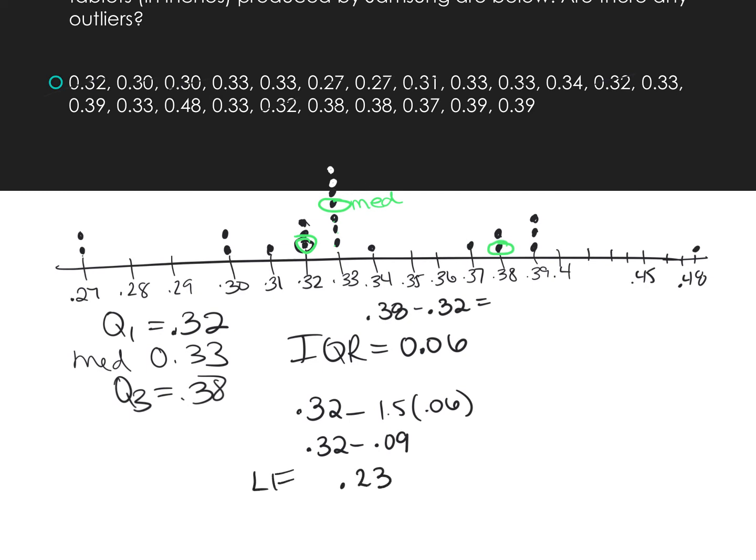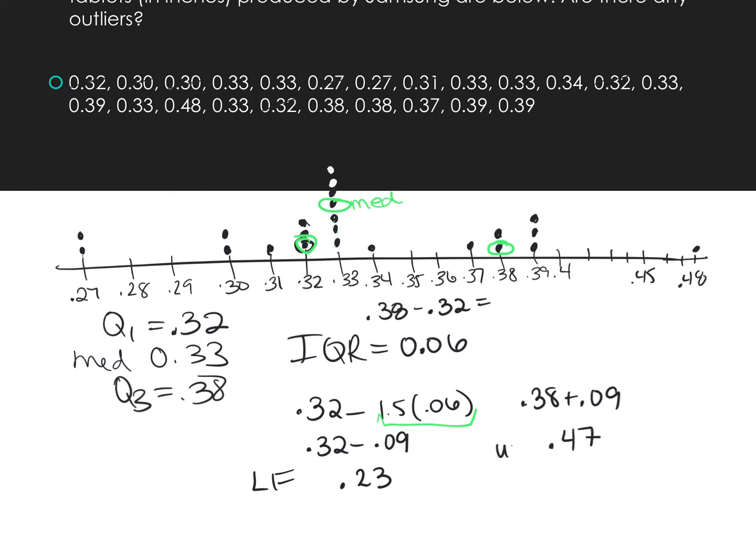This is your lower fence. 0.38 plus 0.09. Okay, the reason I do this calculation and not just plug it all in my calculator is so when I do the upper fence, I can just take that 0.09. So 0.38 plus 0.09 is 0.47.